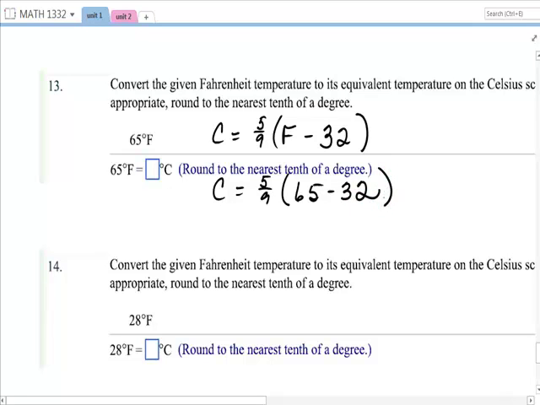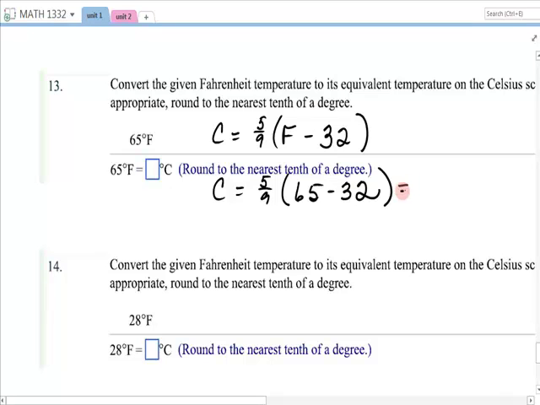If you're doing this without this special calculator, you probably need to do the order of operations yourself. Do your parentheses. In other words, do 65 minus 32, and whatever you get, you're going to multiply it by 5 and divide it by 9. But I get to type this in exactly as I see it. So 5 divided by 9, open parentheses, 65 minus 32, close parentheses.